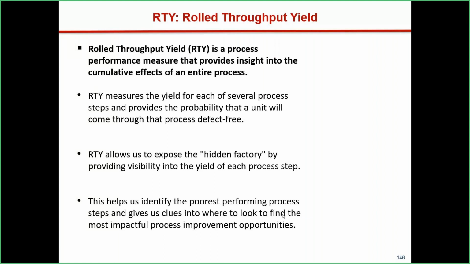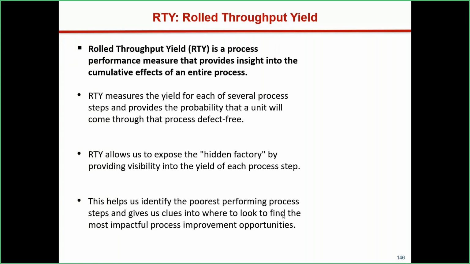So yield is nothing but an output. If you remember, when we were looking into process flow, there was a statement that whatever is the output of process A becomes the input of process B, and so on and so forth.